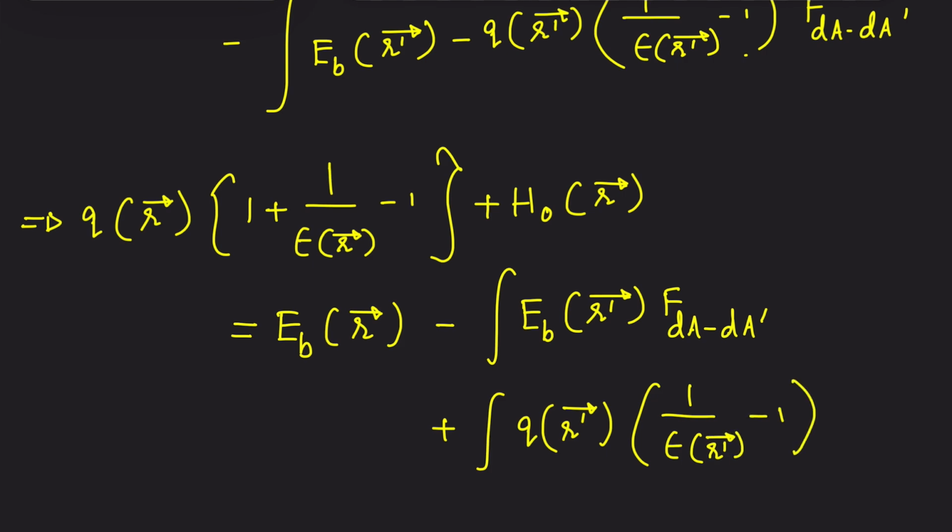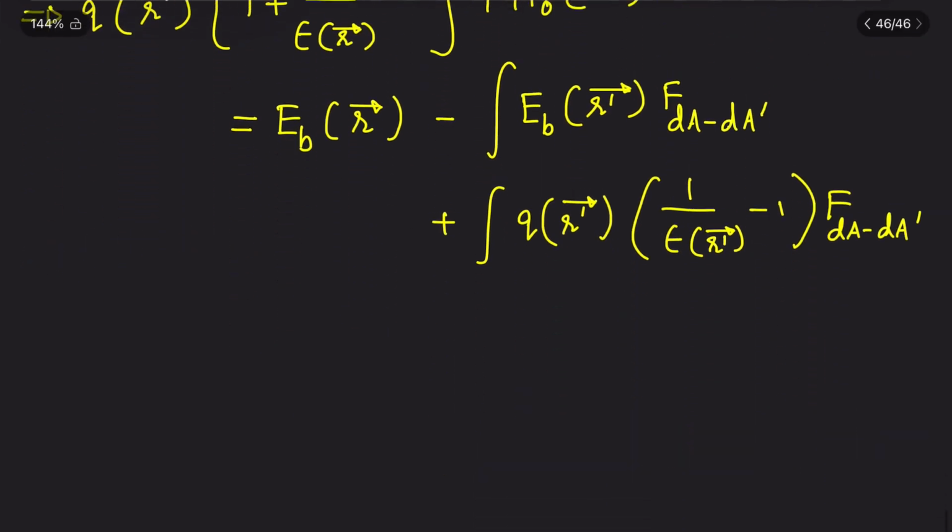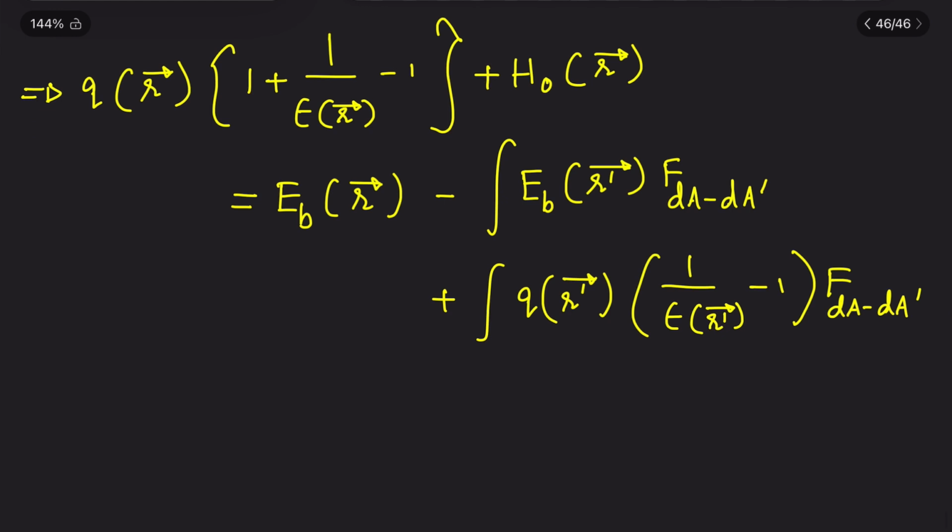This one minus this one, f dA dA dash. I hope I have not made any algebraic mistake. Now I will put all the q on one side.